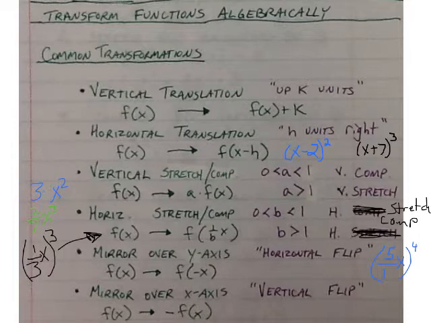And this is easily the most difficult one to remember. I think the easiest way to think about it is to take the reciprocal of the number in front of x, and that'll tell you what's going on. So the reciprocal of 1/3 is 3, so it's getting 3 times as big. The reciprocal of 5 is 1/5, so it's getting 1/5 the size.